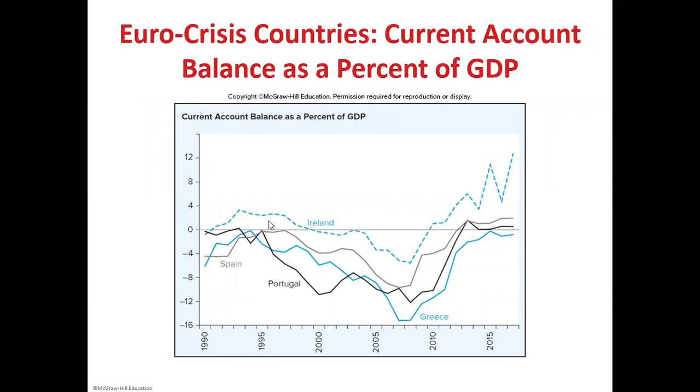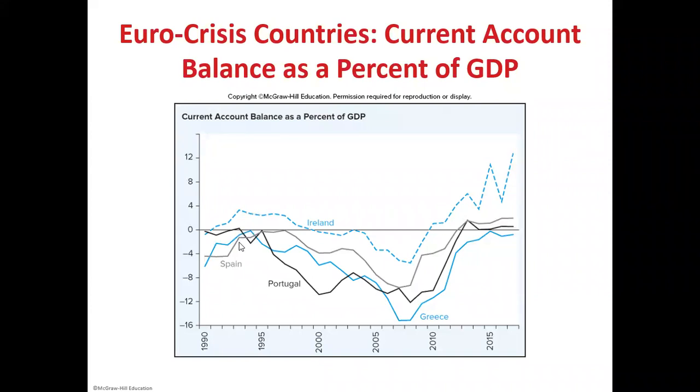Okay. Now you see in the year of 1995, what do we see? There are four countries. One is Spain, another one is Portugal, another one is Greece.